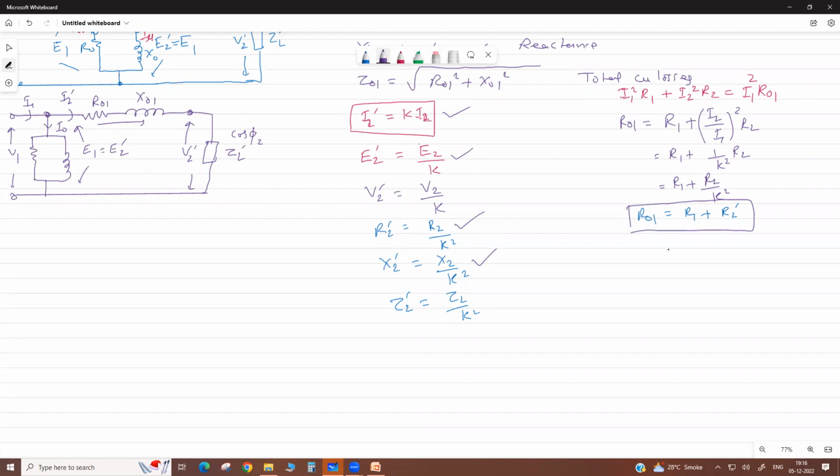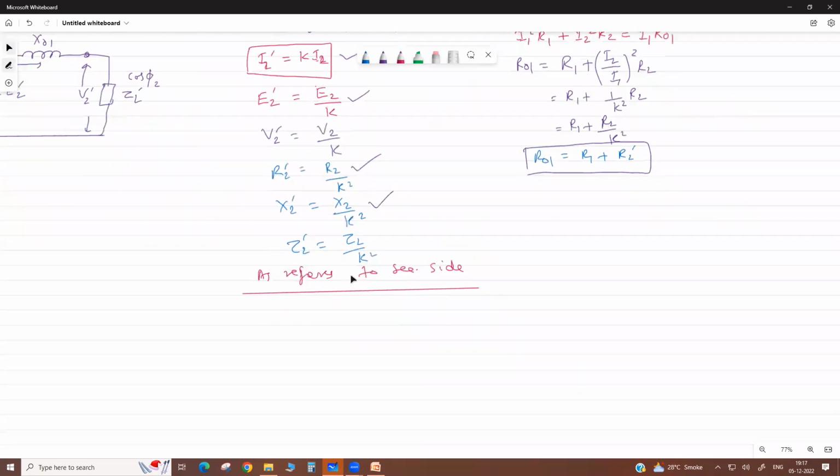What is R2 dash? But now if we write as referred to the secondary side, please remember this is very important: if we transfer the primary parameters to the secondary side, then referred to primary side it is just the opposite.